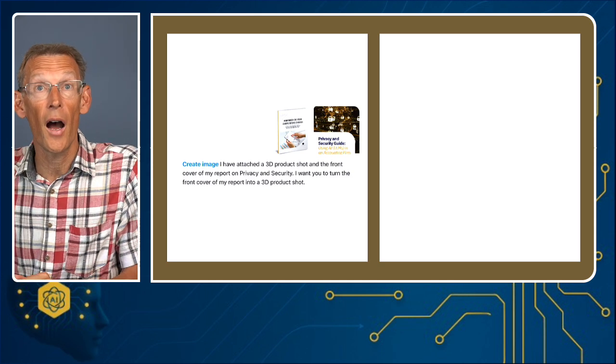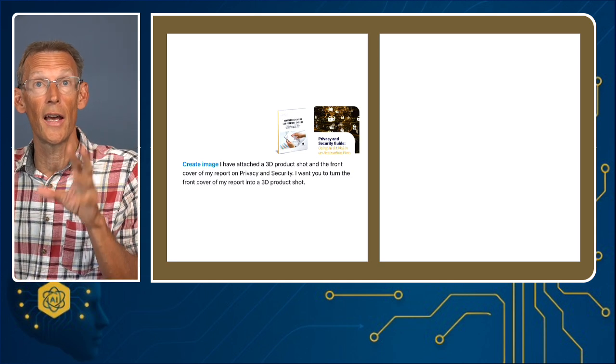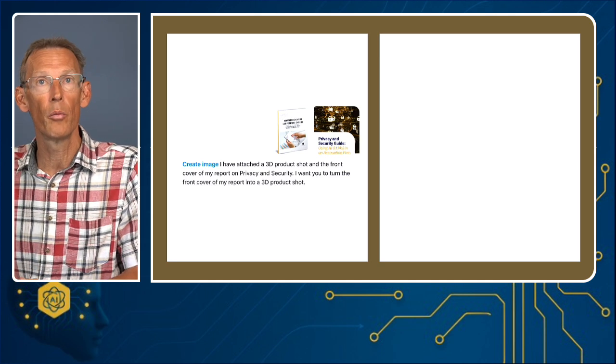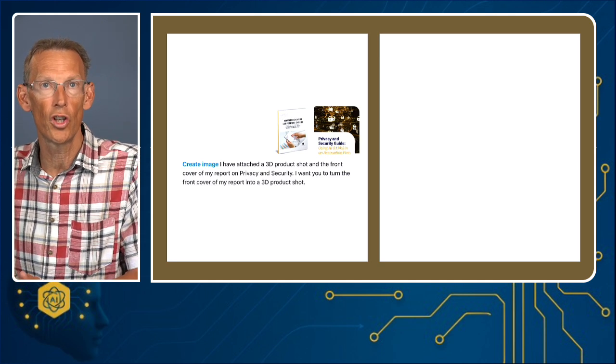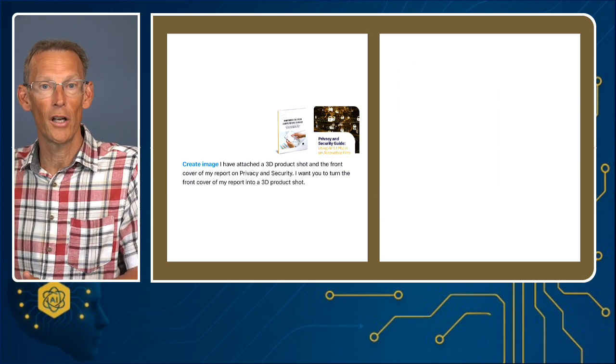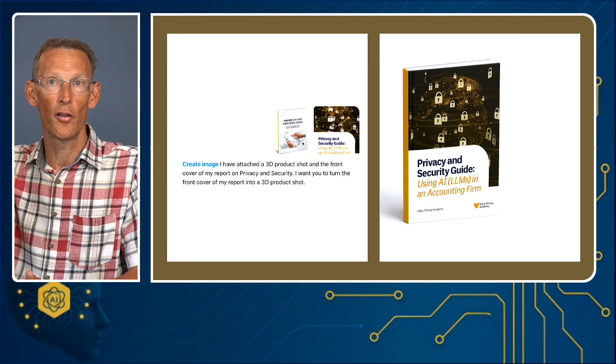Anyway, I gave it the front cover, and I said I attach a 3D product shot and the front cover of my report on privacy and security. I want you to turn the front cover of my report into a 3D product shot. Let's see what it created. This is the 3D image.